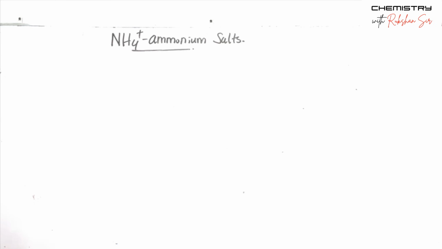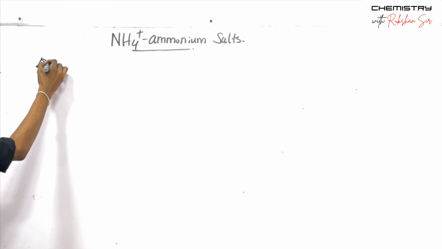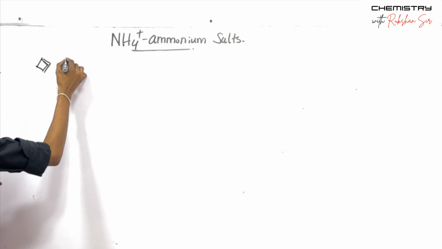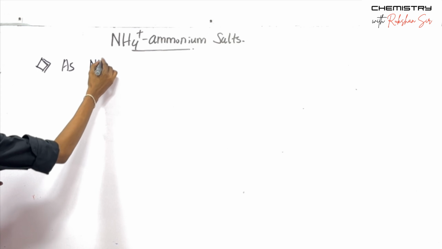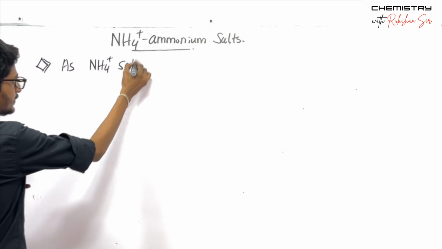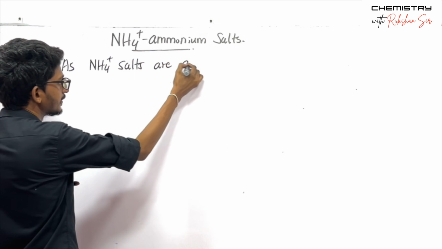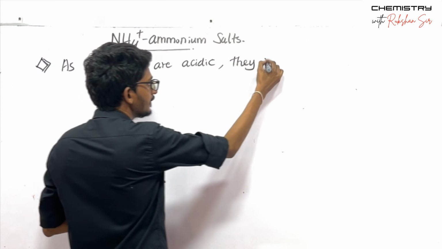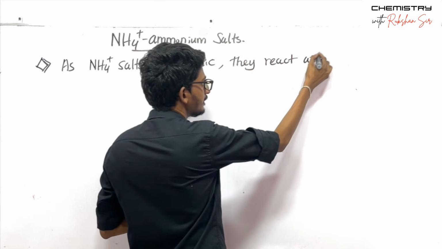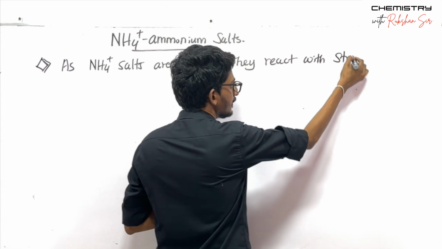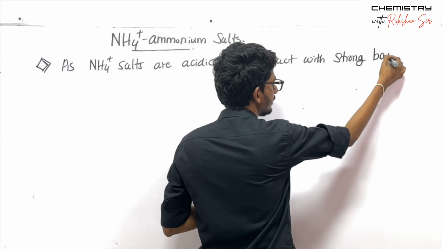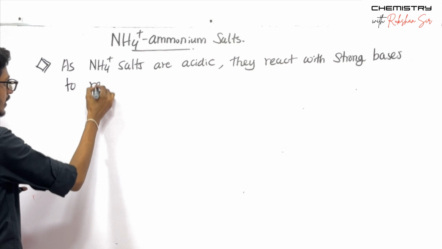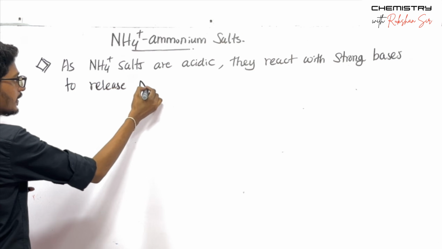The next reaction kind we are going to discuss is the reactions of ammonium salts with bases. As ammonium salts are acidic, they react with strong bases to release ammonia gas.